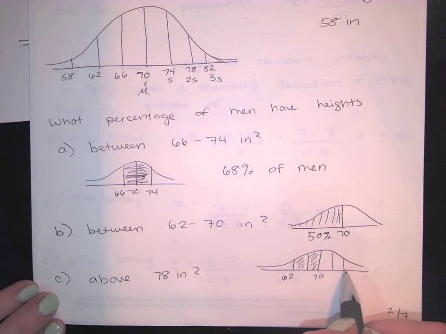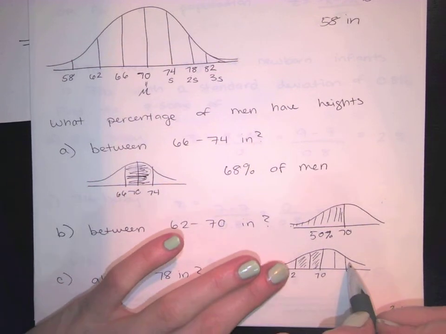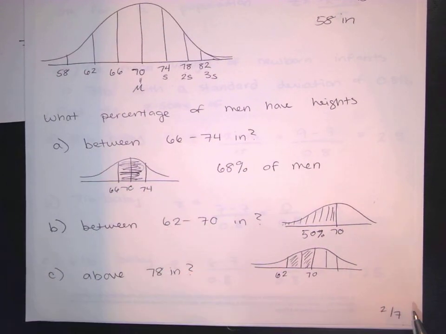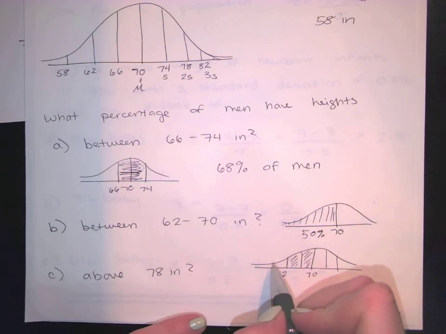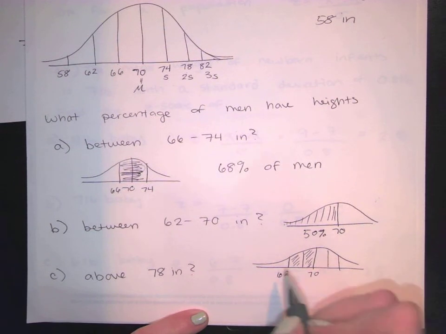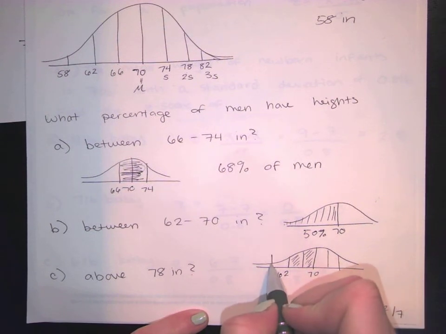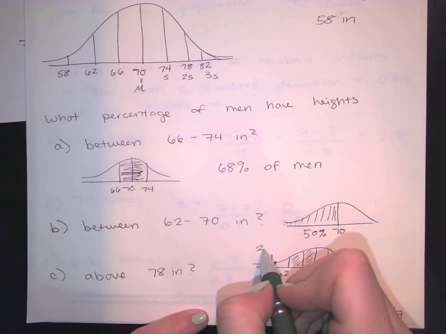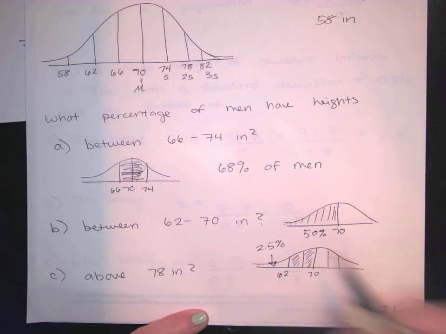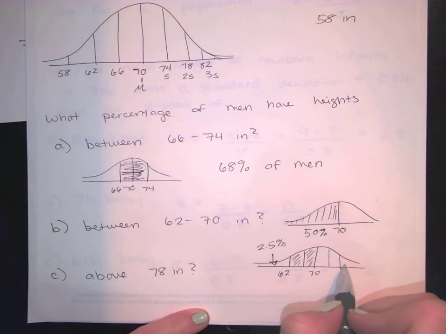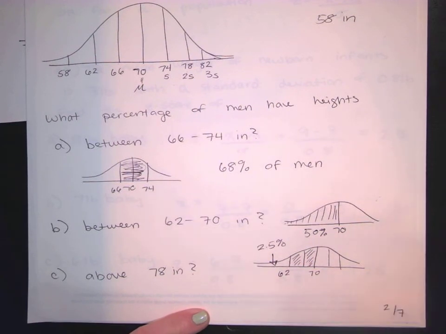That means 5% would be in these tails to the left and the right, beyond 2 standard deviations away from the mean, which means 2.5% of men are in this tail down here, and similarly 2.5% are in this tail up here, but that's not what we're worried about right now.